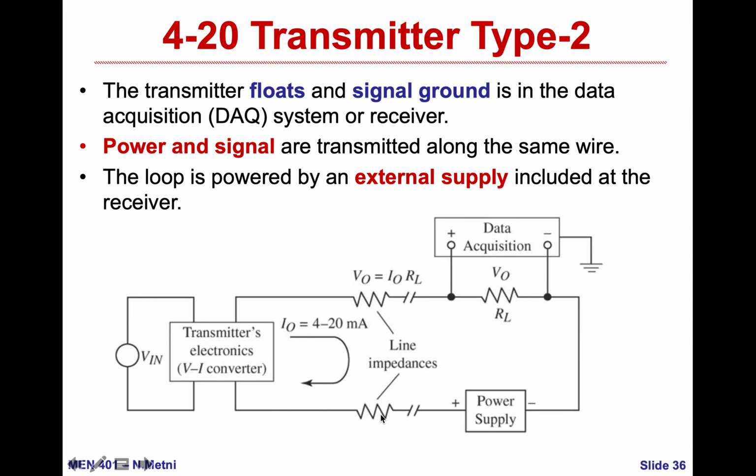So this is a schematic. This is my V in here. This is my sensor. I will convert my V into current through a VI converter, and this current will go into these lengthy wires. Even if these wires contain a resistance, the current will stay the same, and then it will go into an IV characteristic.